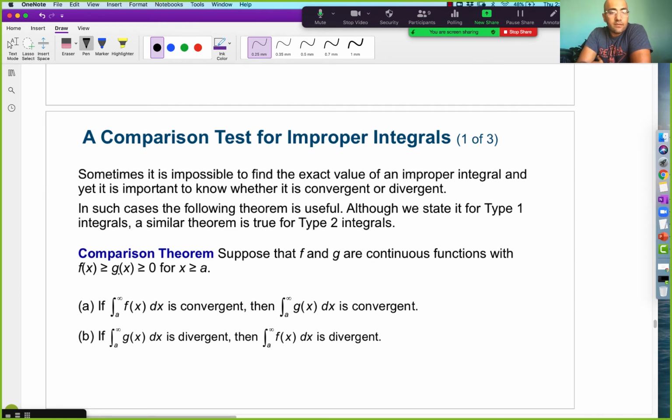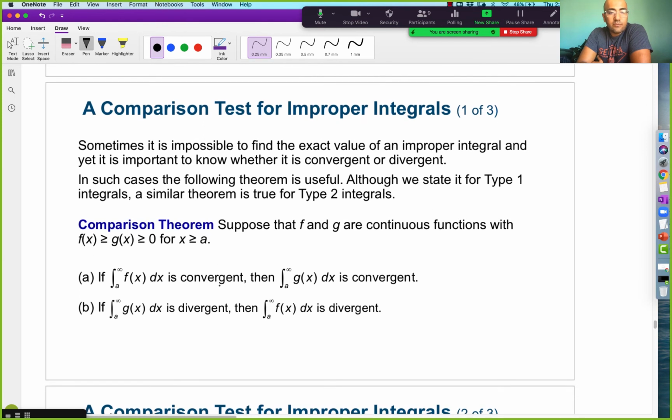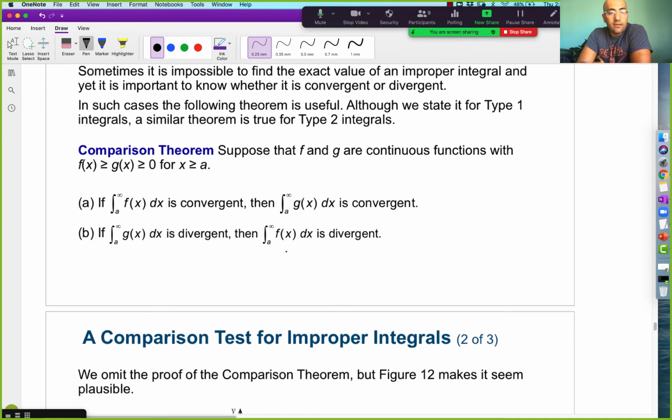So the comparison test states that suppose that f and g are continuous functions such that f of x is always greater than or equal to g of x, which is always greater than or equal to 0. So we're looking at cases where they're both positive, but the f of x one is always bigger than or equal to g of x. And we're looking at cases for x being greater than or equal to a, some constant a.